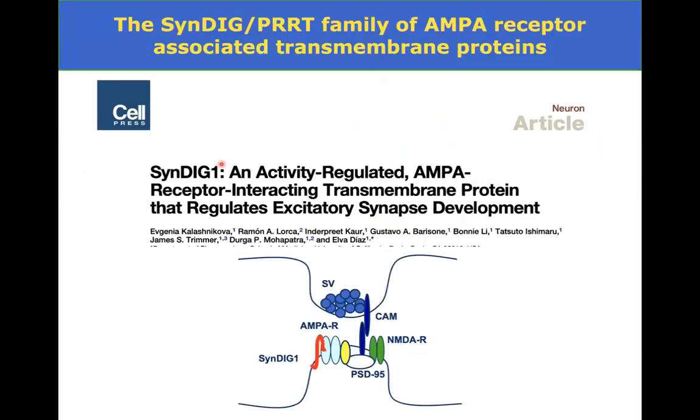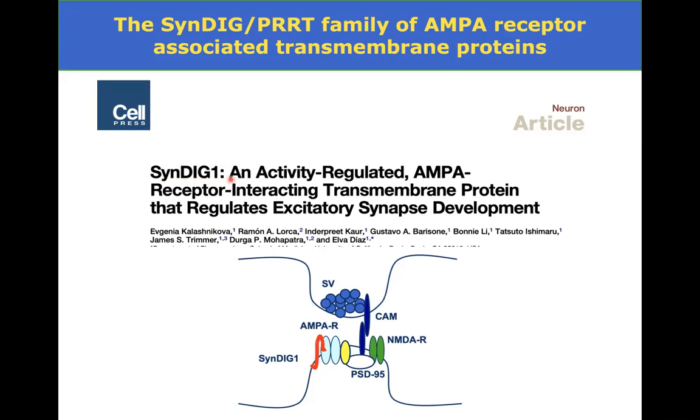As I mentioned at the beginning, I was interested in gene expression profiles in the brain, and did some early expression profiling studies of the developing brain, and identified candidates that we could then study the function of in the laboratory. One of these molecules we identified, we named SynDIG1, for Synapse Differentiation Induced Gene 1.